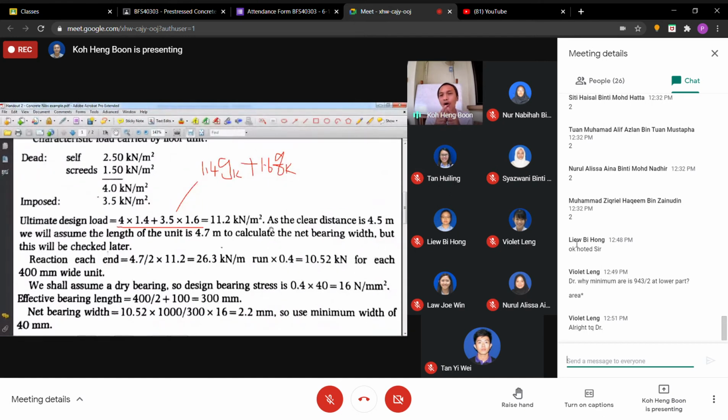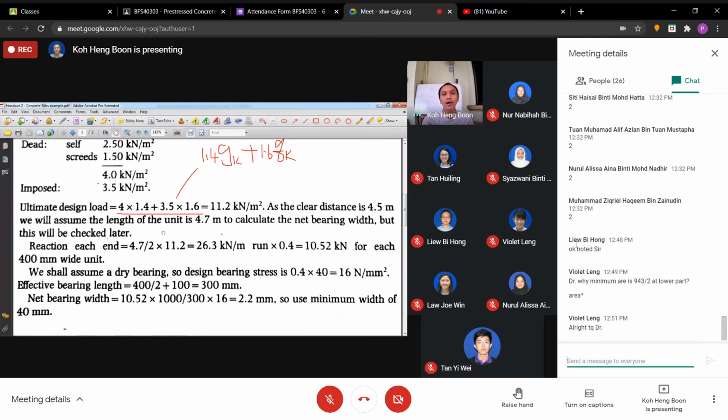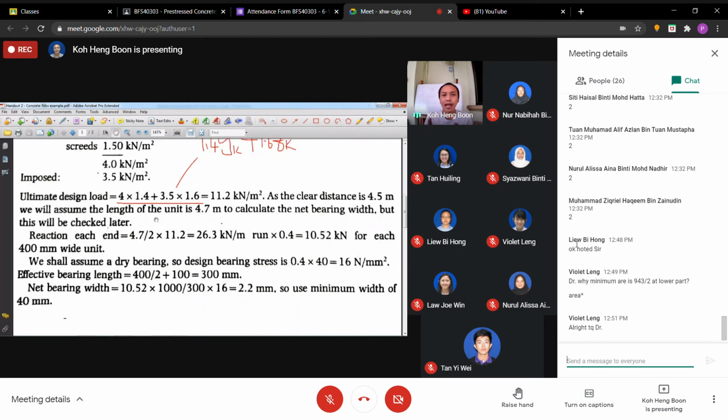And the precast slab has a 4.5 meter length. If you extend a little bit, it assumes that the length of the unit is 4.7. The clear distance is 4.5, but the length of the unit is 4.7, to calculate the bearing width, but actually this needs to be checked.